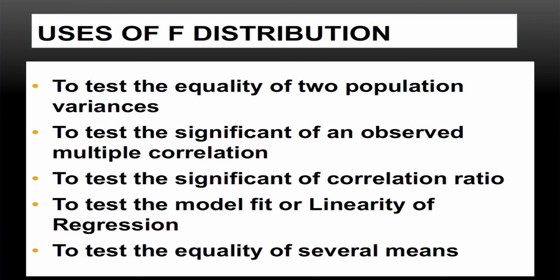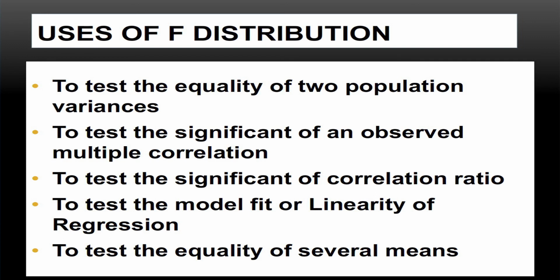Now, let us see some of the uses of F distribution. 1. F distributions are used to test the equality of two population variances. 2. F distributions are used to test the significance of an observed multiple correlation. 3.